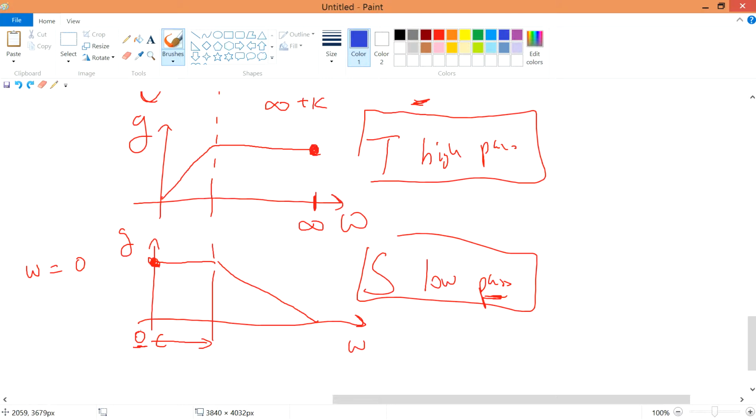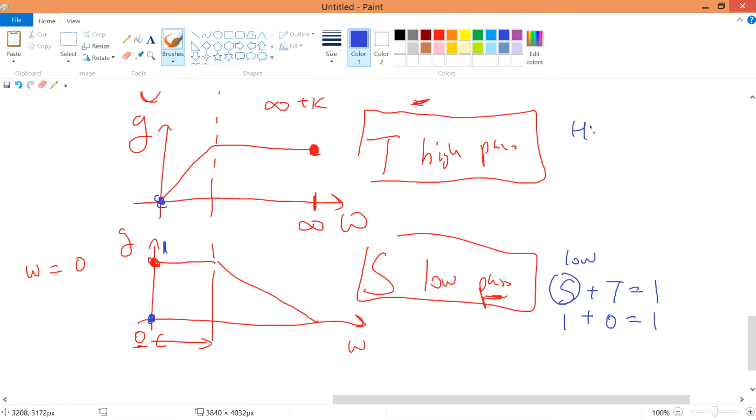At low frequency, S plus T is equal to 1. Therefore, at low frequency, S is equal to 1 and T at low frequency is in fact 0. So it's the full power of S.